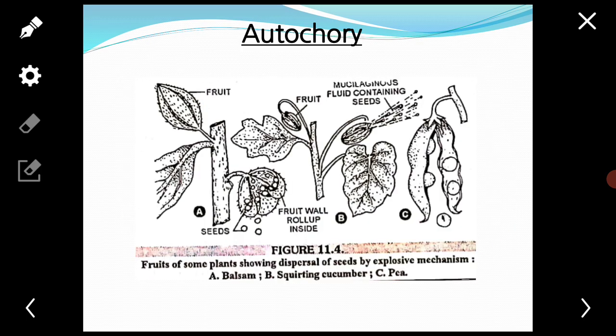Next, we are starting from the autochory. The dehiscent fruits disperse their seeds when they burst with a sudden jerk. It is also called the mechanical dispersal or explosive dispersal.